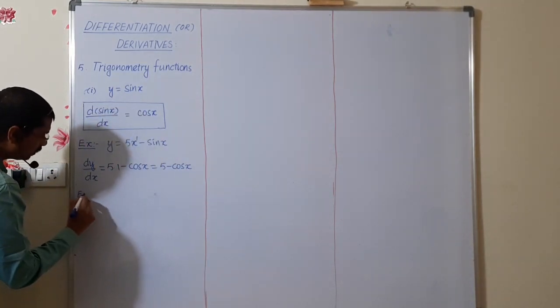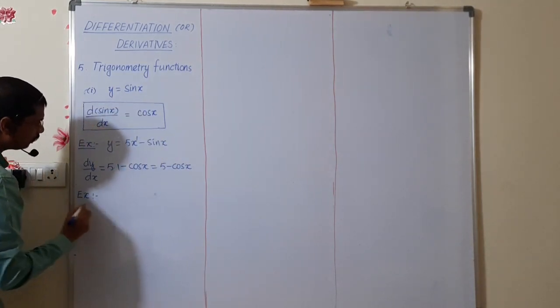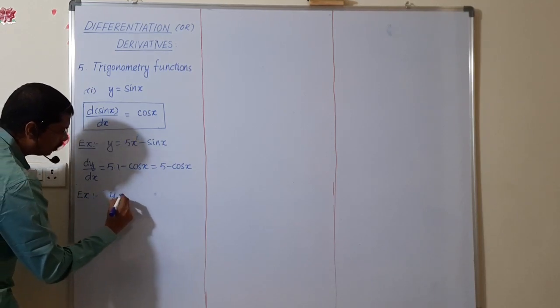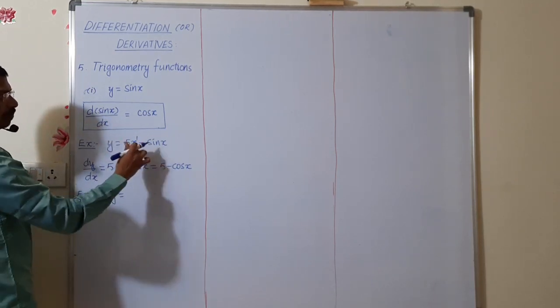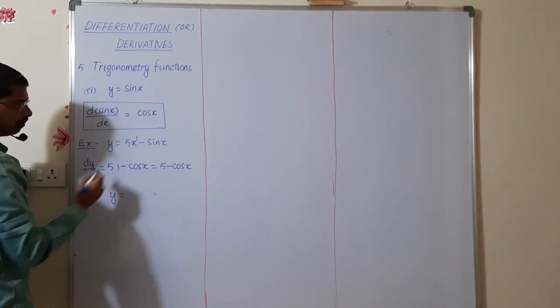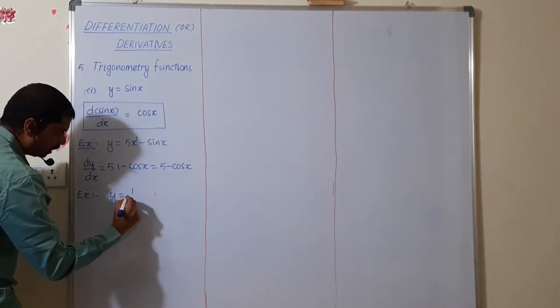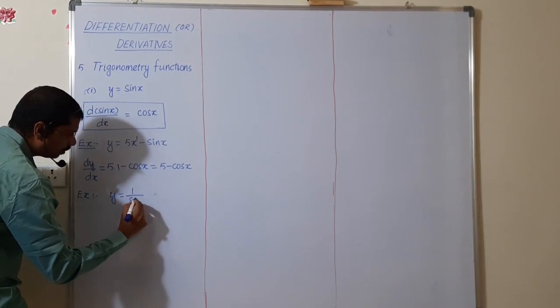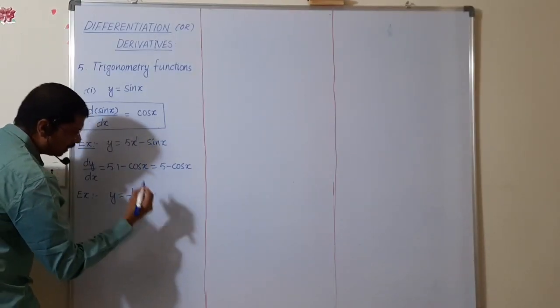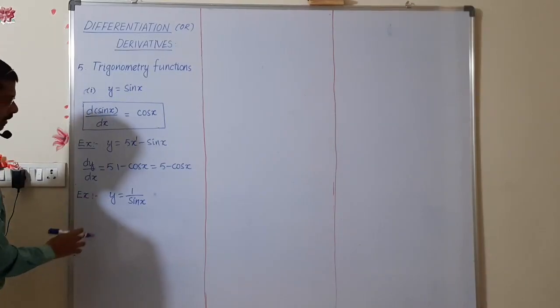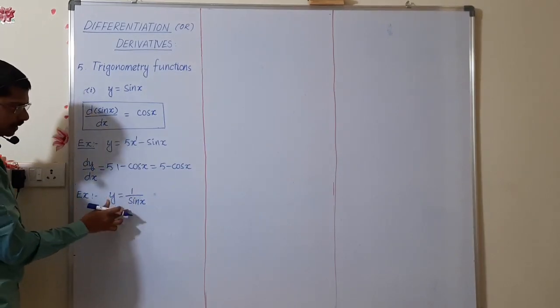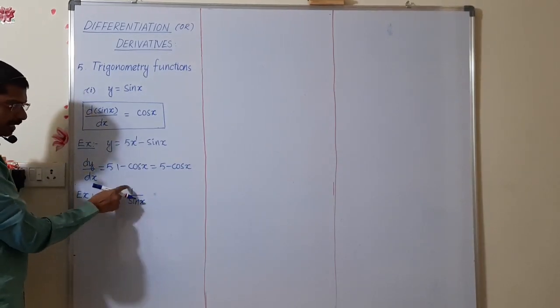We have to write directly by using the formulas. If you take another example, y equals 1 upon sin x. It seems to be the division rule.